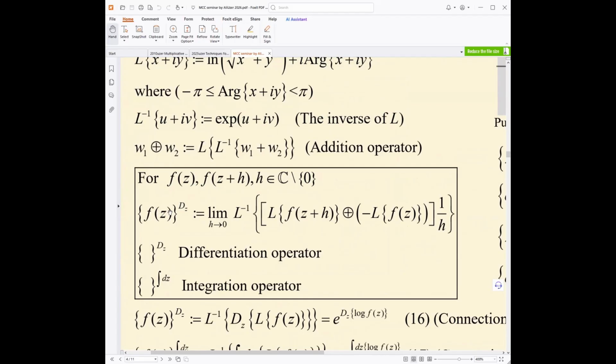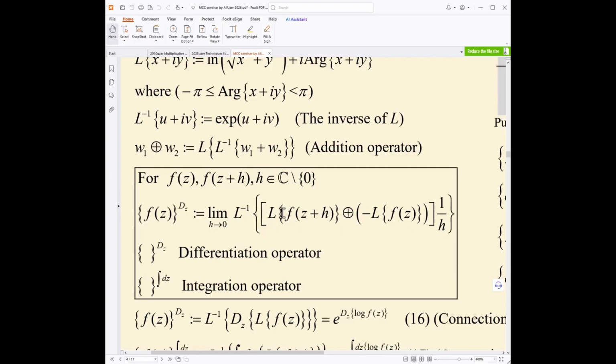Then the derivative of the function may be defined as an inverse operator applied after making a subtraction between the two transformed values of the function. This subtraction operation is similar to the definition of the classical calculus, and we also have division. And after applying these operations, we get a derivative of the function.